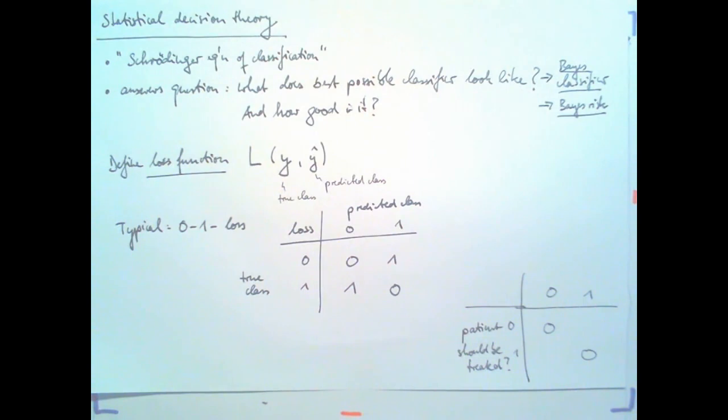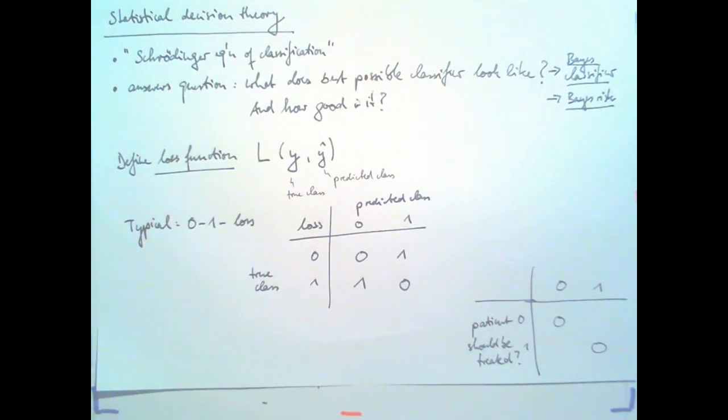So let's say the expensive test that you wanted to avoid doing costs $1,000, but on the other hand, if you get sued, you will have to shut down your company and so on. Then you will prefer to be on the safe side and rather have a high false alarm rate than any missed detections. So the loss function is something that the client or the user or the designer has to specify.